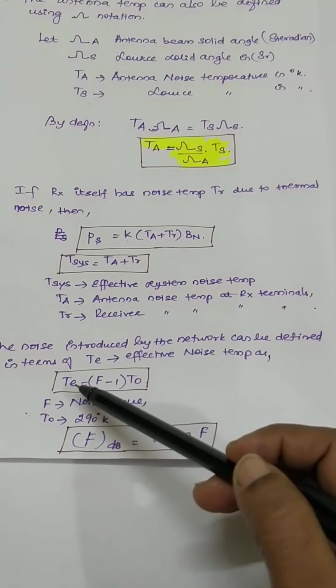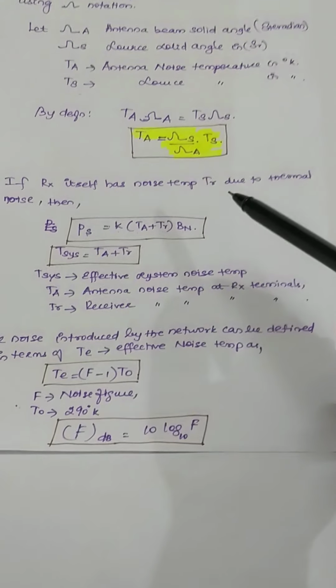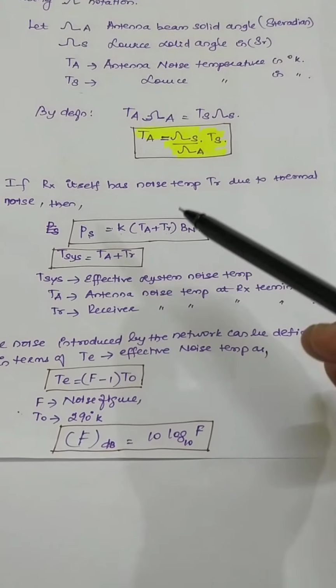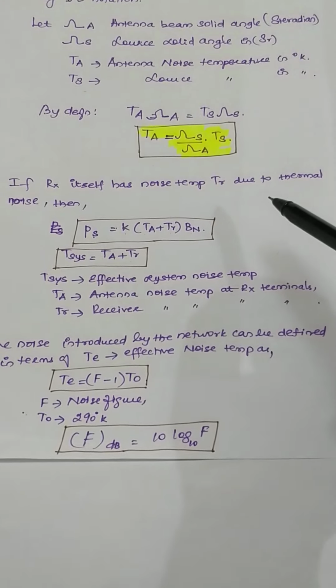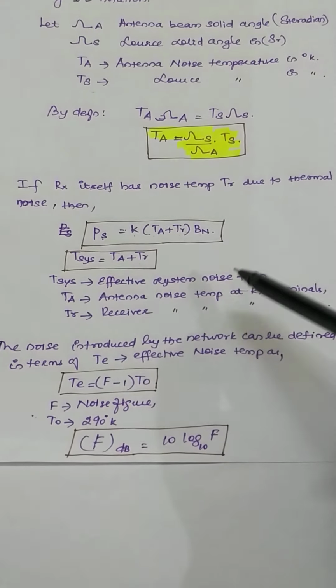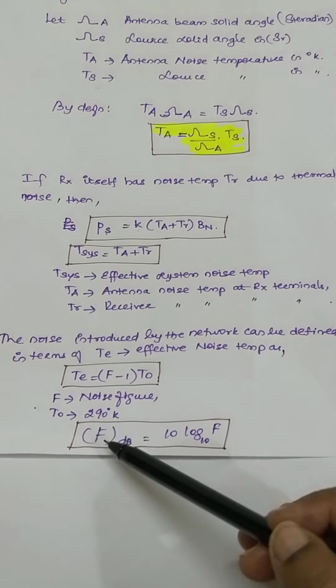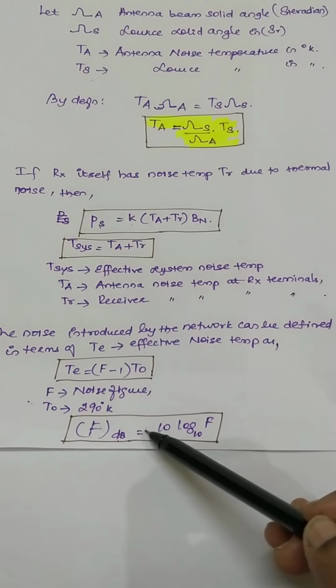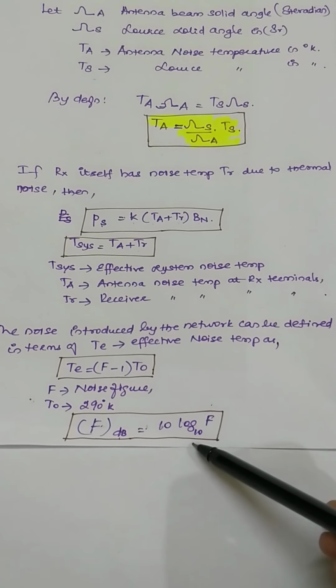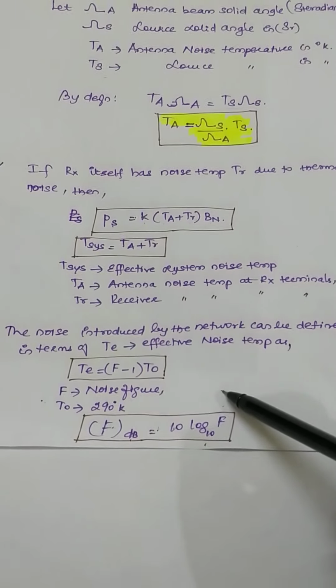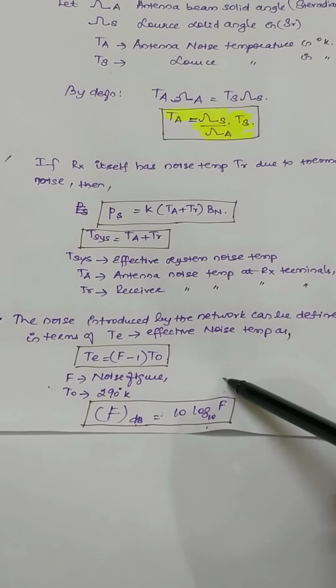If T is the effective noise temperature, just learn this condition alone: T equal to F minus 1 times T naught, where F is the noise figure. So we can also define the effective noise temperature using the noise figure, where the noise figure in decibels is already known to be 10 log of F to the base 10. This is only an extra part of the analysis of effective noise temperature.